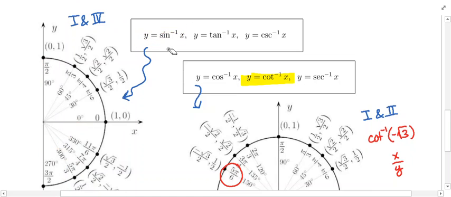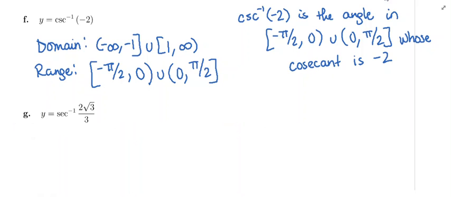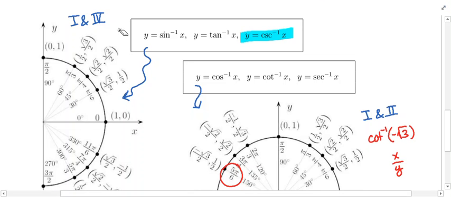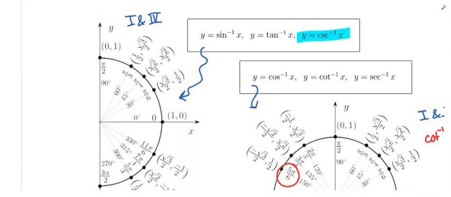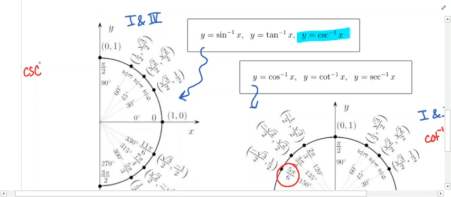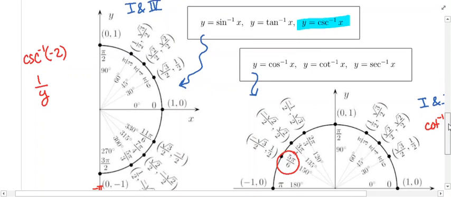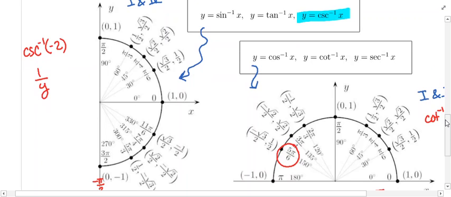Here we go. We need an angle whose cosecant is -2. I'll write it out to the side: we're looking for cosecant inverse of -2. Remember, cosecant is 1 over the y coordinate. We need to concentrate on quadrant 4 because the cosecant is negative in that quadrant.